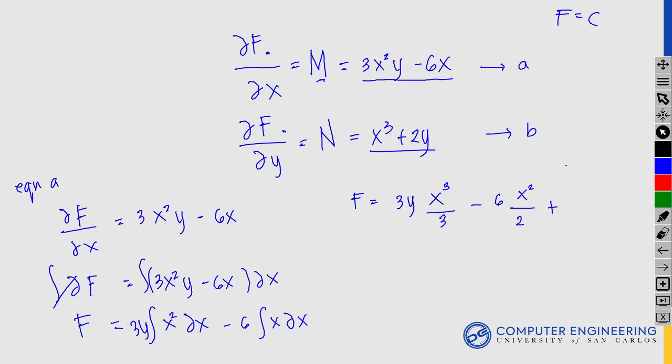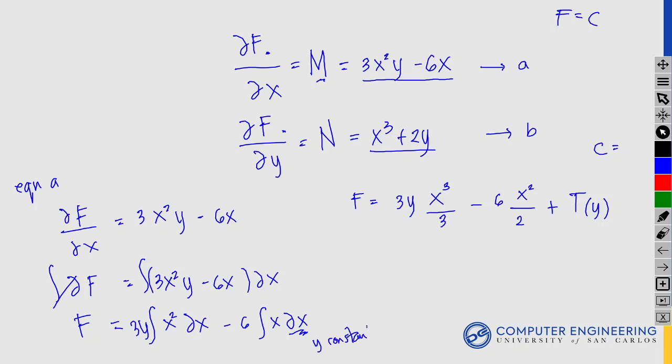Plus we have, since we are doing a partial integral, one of the consequences is that our constant of the integration is not purely a constant alone. It is a function now that's possibly in terms of y, since in a partial differential we are treating y as a constant.